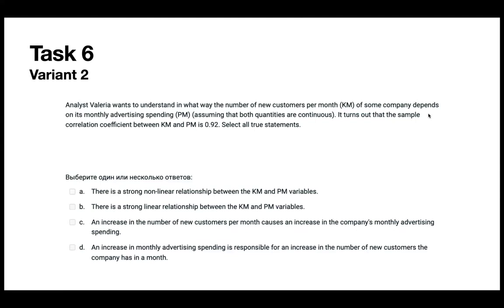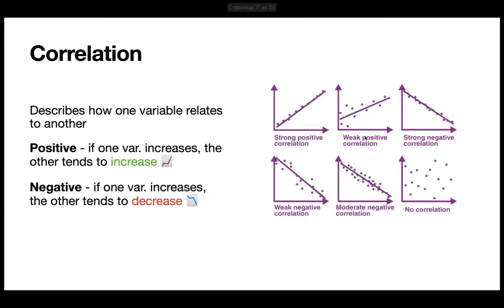So it's basically pretty much the same. Let's read our statements. There is a strong nonlinear relationship between KM and PM variables. That's not true, because a nonlinear relationship would be something like that, as we had in our previous task.